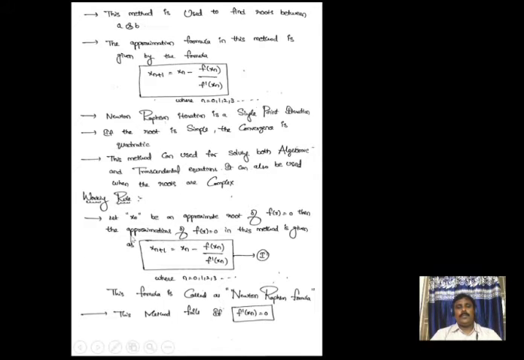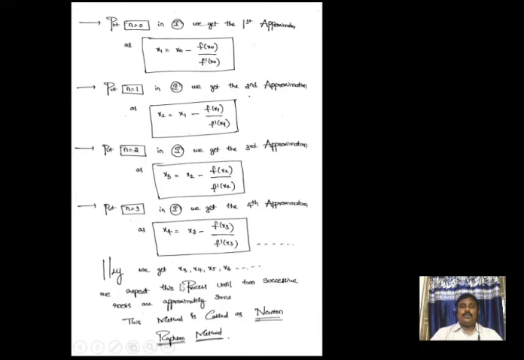Working rule: let x naught be the approximate root. We can take the approximate root based on the given equation, by taking the average. Next, we already know the formula is x(n+1) equals xn minus f of xn by f dash of xn. If you put n equal to 0, we get the first approximation. If you put n equal to 1, we get the second approximation, and so on.